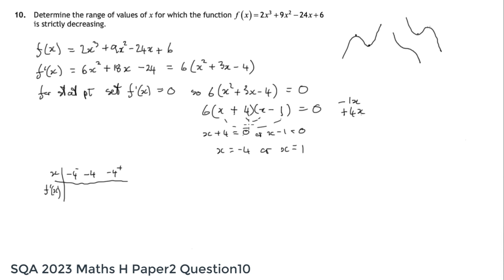Now remember, the gradient formula is this. Forget about the 0, it's this. 6 times that times that. And if we go slightly to the left of negative 4, let's go to negative 5. This term would be negative. This term is negative. The product of these would be positive.